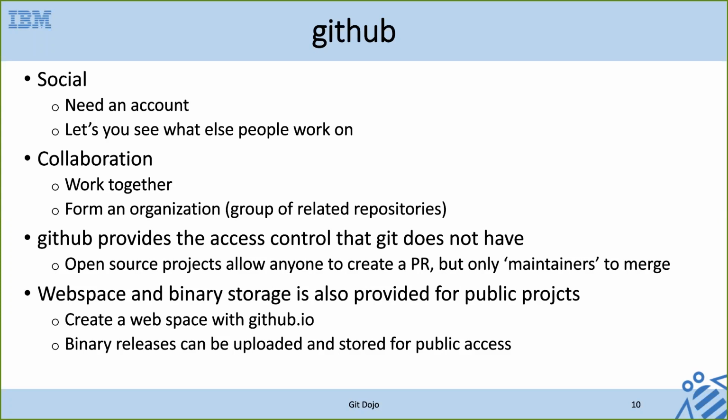I mentioned earlier that Git's just concerned with files, while GitHub is concerned with people, and this allows open source projects, which everybody can copy, to restrict who can push code directly to the maintainers, but it allows everybody with an account to make a pull request and get things merged using the system.